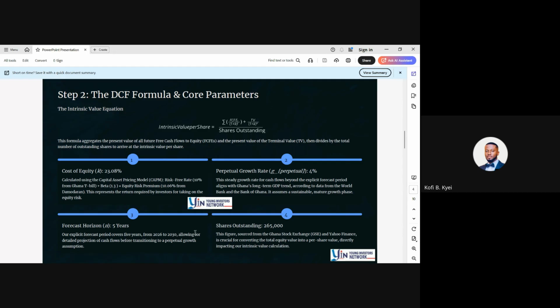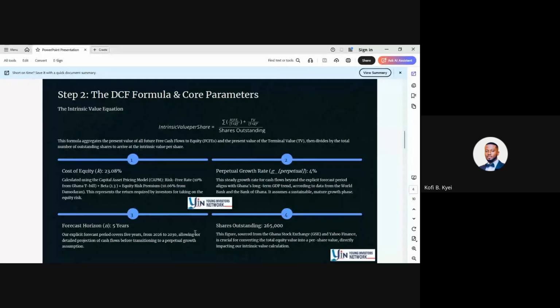So the FCFE with time, bringing the FCF into the present value and throwing them into infinity. Let me break it down. So this formula aggregates the present value of all future cash flows to equity and the present value of the terminal value, then divides by the total number of shares to arrive at the intrinsic value per share.